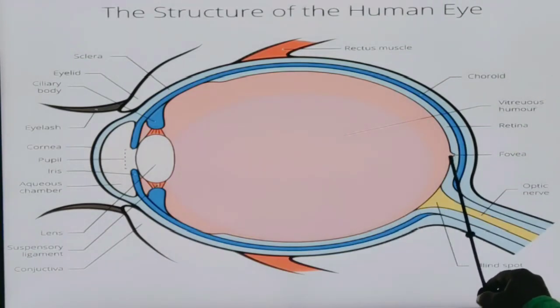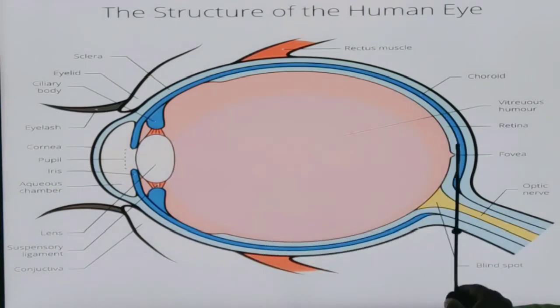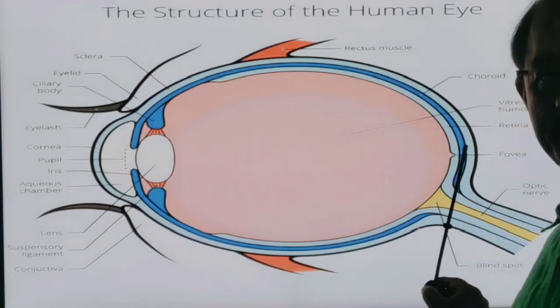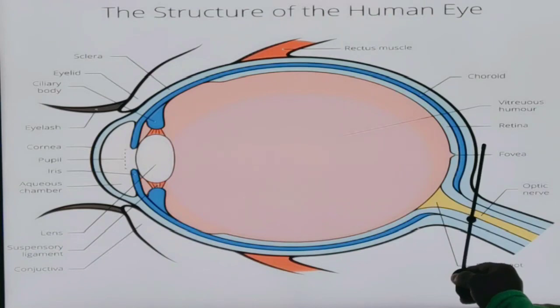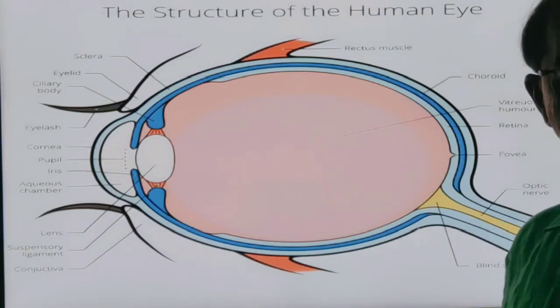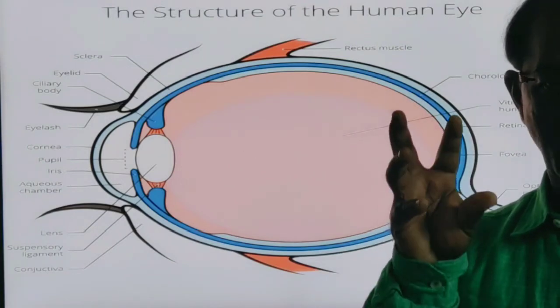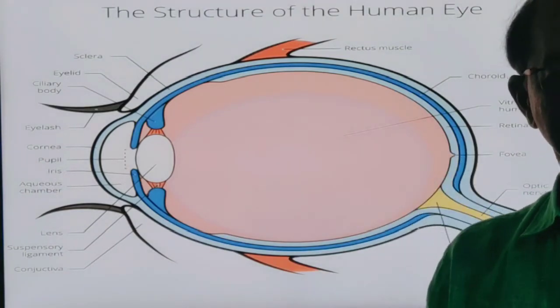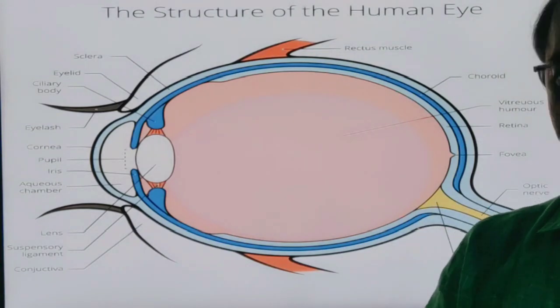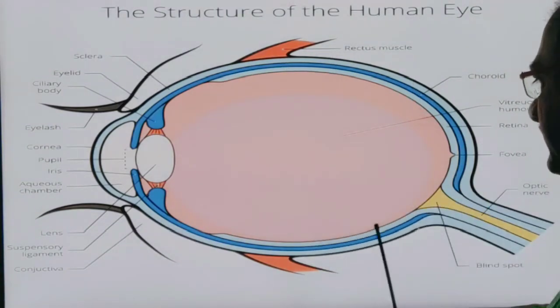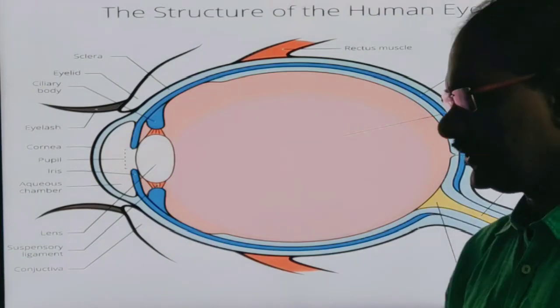The yellow spot is directly opposite the cornea, and just below it the fovea centralis is also present. This yellow spot consists of cone cells, and it is sensitive to bright images. So in this way, these are the inner parts as well as different parts of the eye in this diagram.